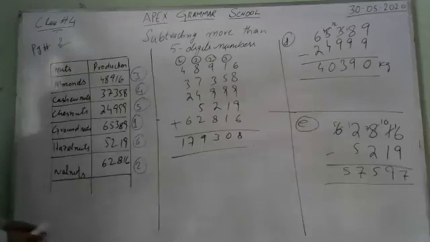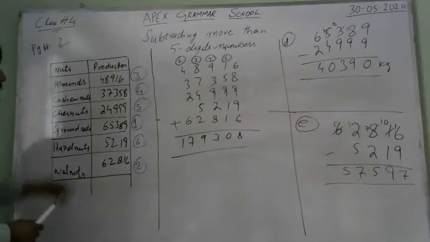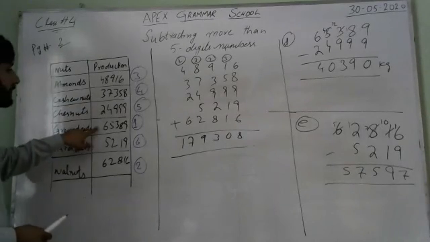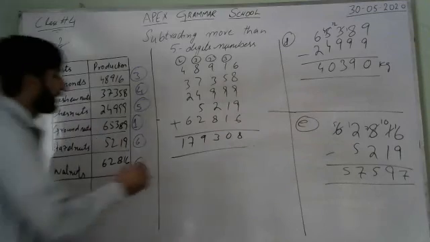So you can see that the total production of all other nuts except groundnuts is more than that of groundnuts. So the statement is false.